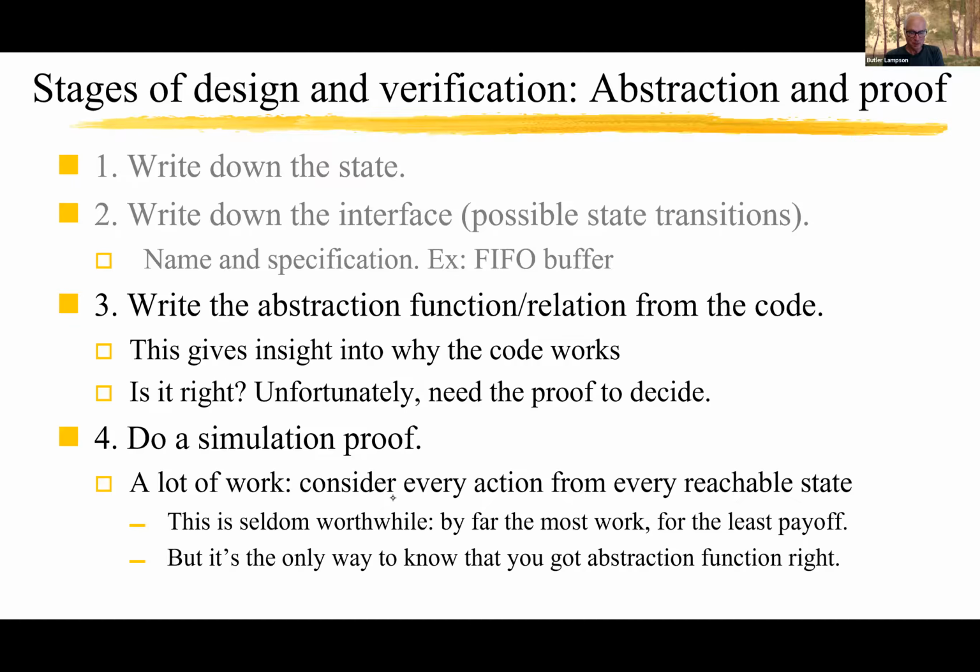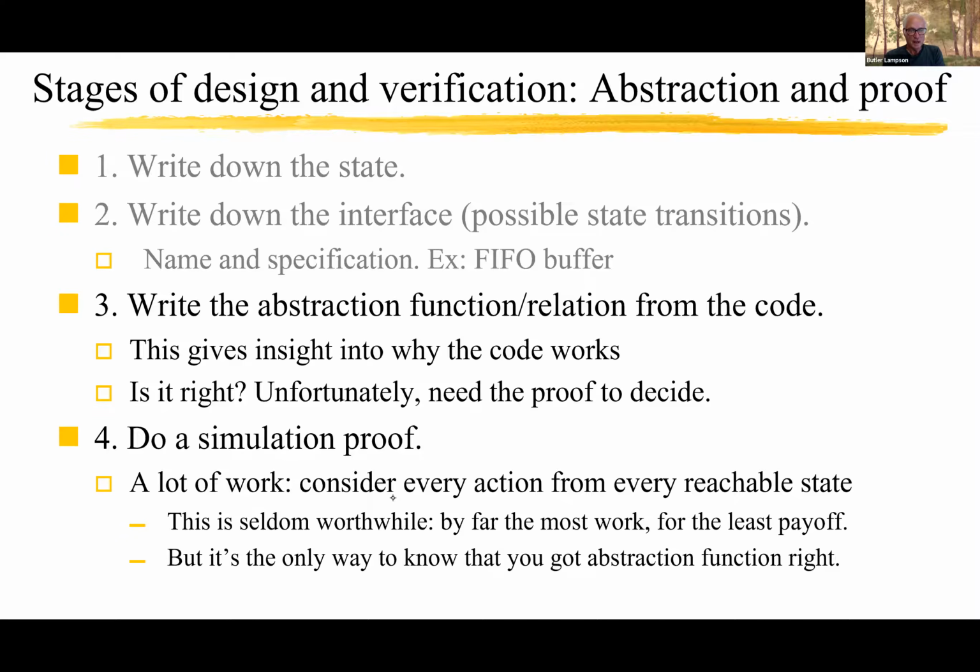And this is unfortunate because doing the simulation proof is a lot of work, since you have to consider every action from every reachable state and check for each one of those that the abstraction function actually maps to a legitimate step of the spec. And in my personal opinion, this work is seldom worthwhile. It's by far the largest amount of work in this whole sequence, and you get the least payoff.